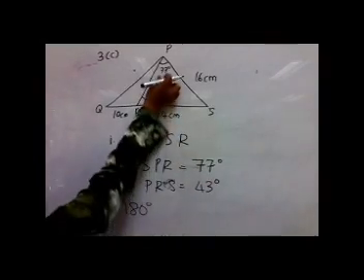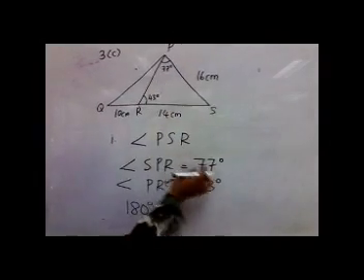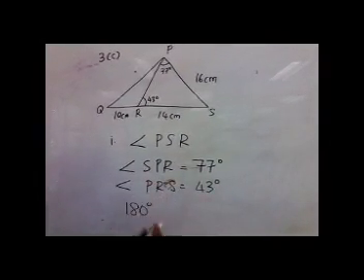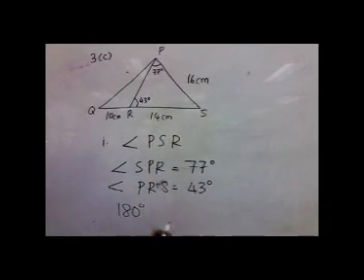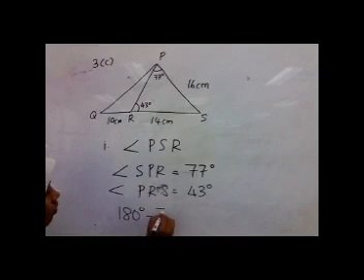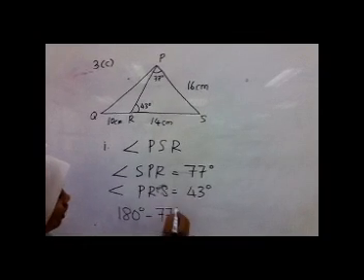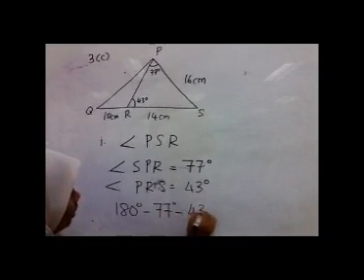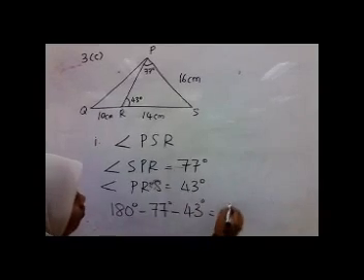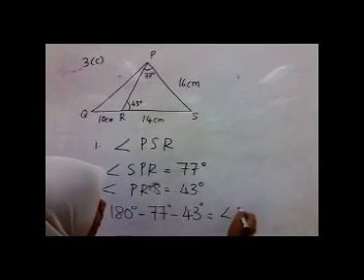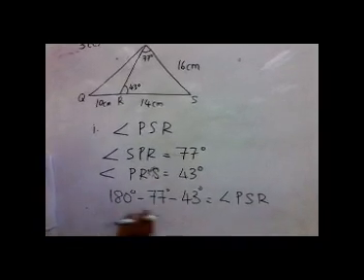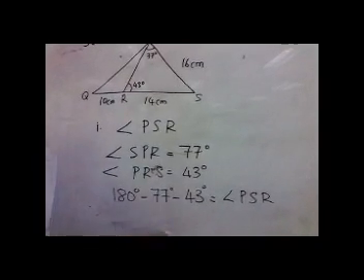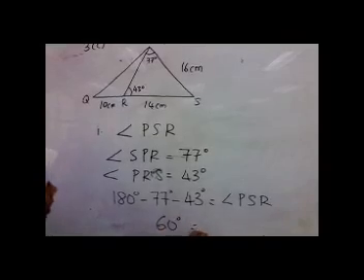So oleh kerana kita dah dapat dua sudut iaitu sudut SPR dan PRS, so kita hanya perlu mencari sudut PSR. So 180 ditolakkan dengan 77 degrees tolak dengan 43 degrees, kita akan dapat sudut PSR. So just tekan kalkulator, so kita akan dapat 60 degrees sebagai sudut PSR.